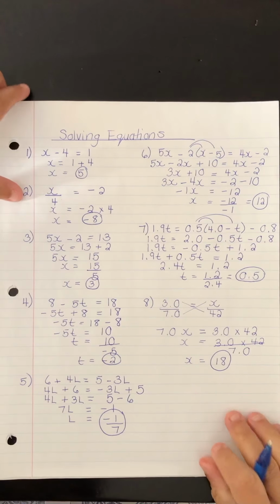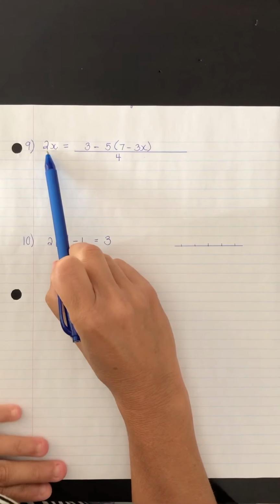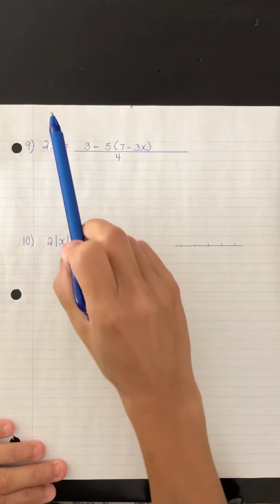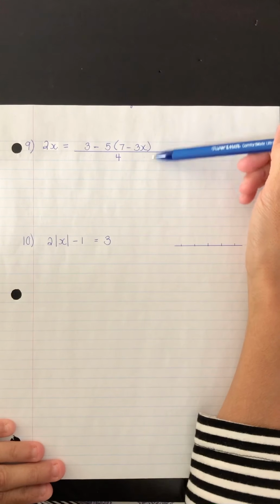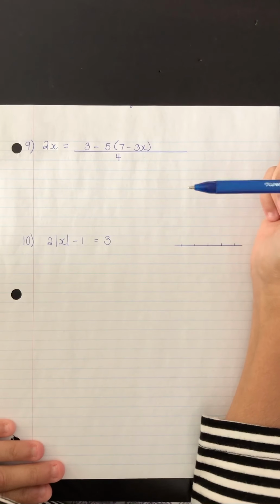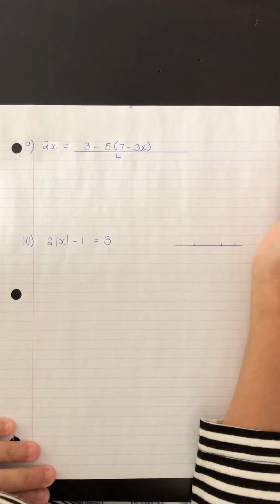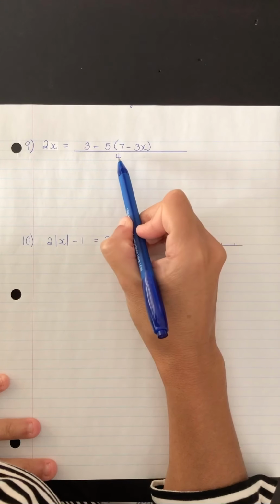Okay, we'll do 2 more problems together. So here we have number 9. Number 9 has 2x on the left side, and we've got this fraction on the right side. One way to start the problem, and I'd probably recommend this, we have division by 4.